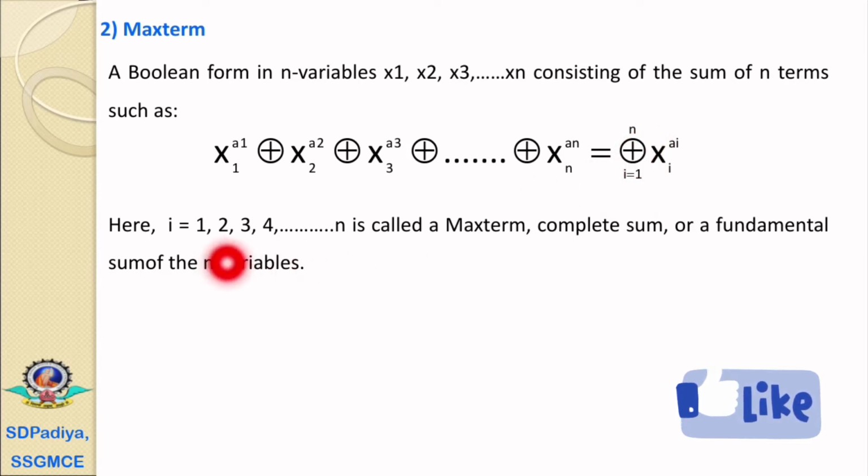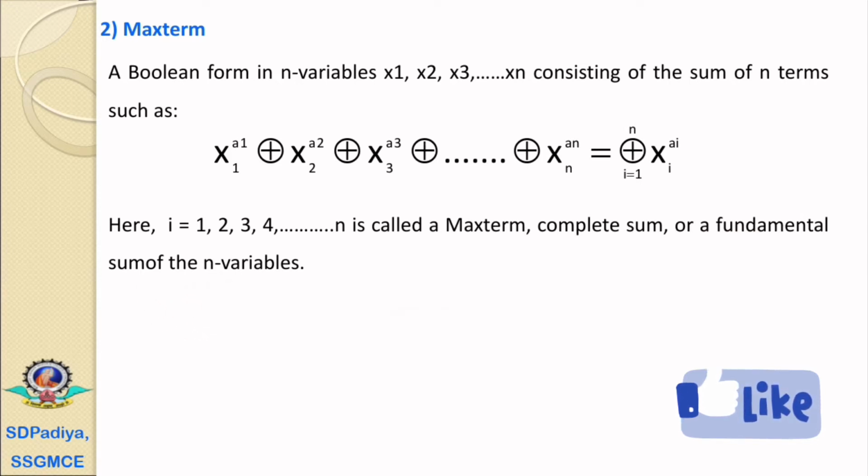If i is equal to 1, 2, 3, 4 up to n, then it is called a max term, also called a complete sum or a fundamental sum of the n variables.